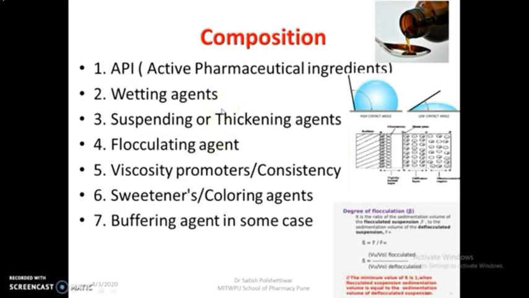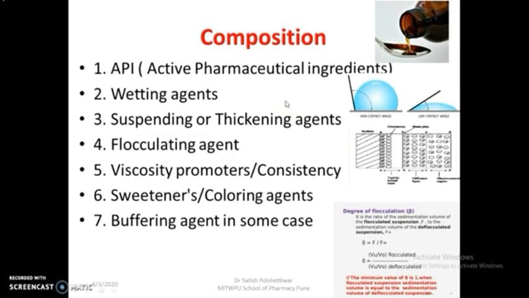So this is the equation for the evaluation of suspension stability: Fw is equal to HW upon H naught, and also F is equal to HU upon H naught.